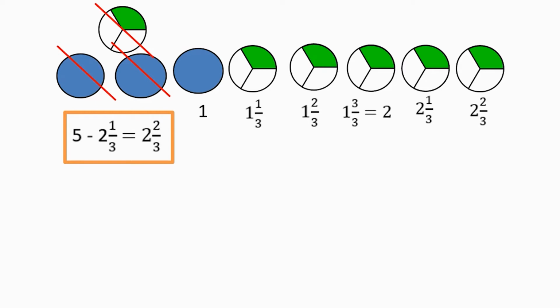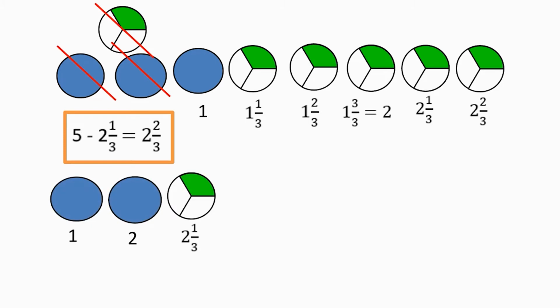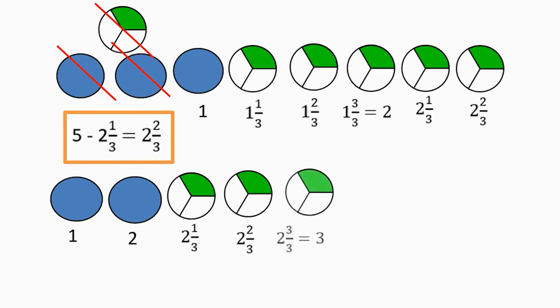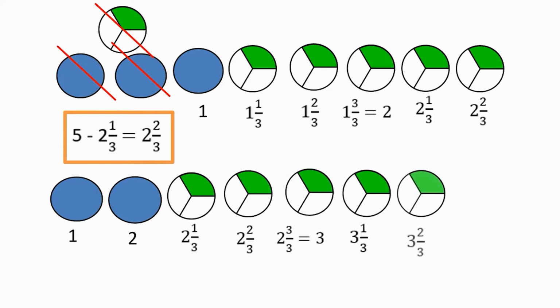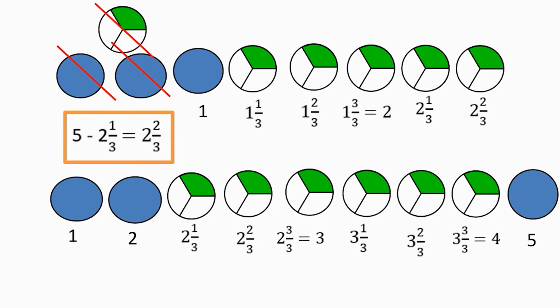What's another strategy? Maybe you started with what we could see, 2 and 1/3, and then counted up. 2 and 2/3, 2 and 3/3, or 3, 3 and 1/3, 3 and 2/3, 3 and 3/3, which is the same as 4, and 5. Once we get to 5, we'd need to figure out how many we added.